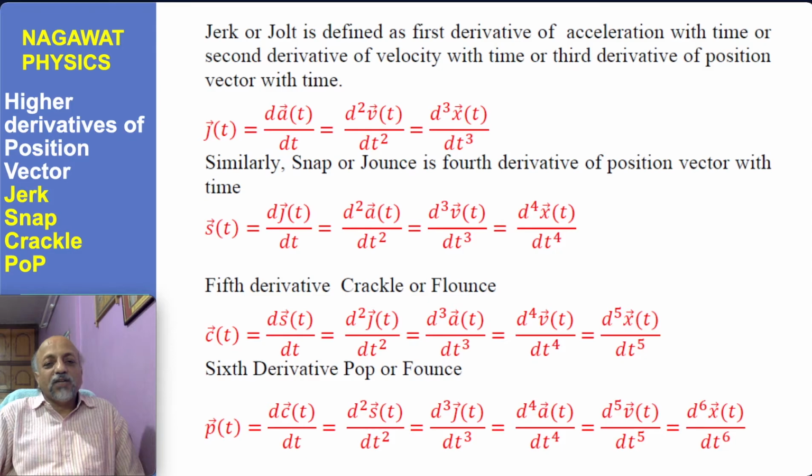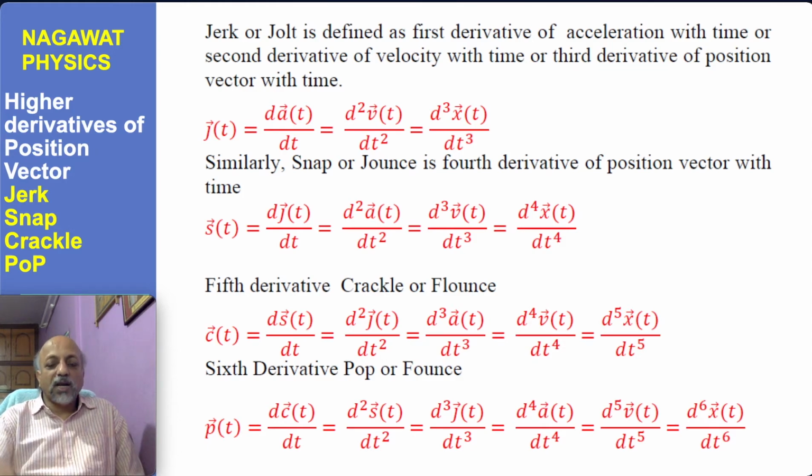All derivatives here are defined with respect to time. And similarly, the sixth derivative is called pop or pounce. These are definitions we have introduced, and the names have been selected by us, so don't question why we have made a particular choice.